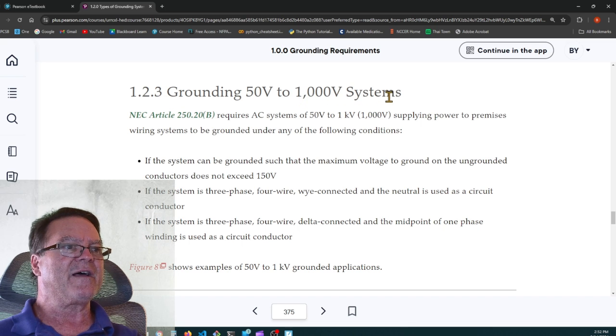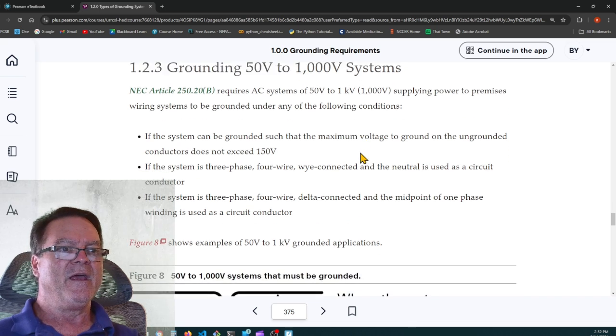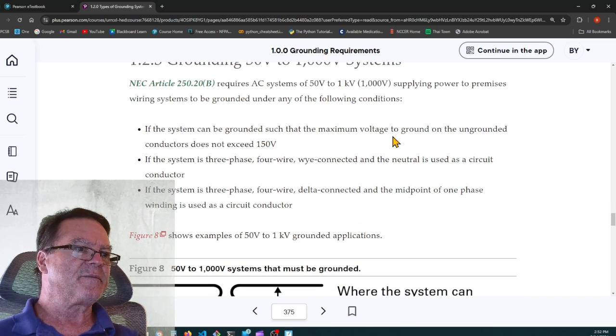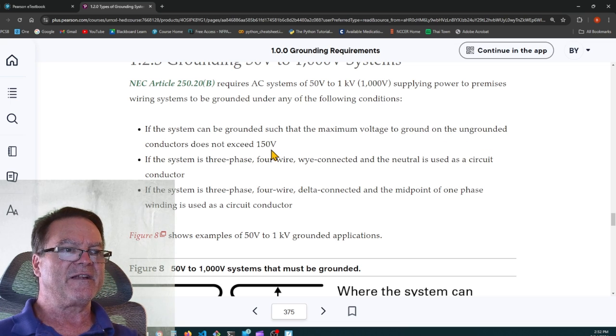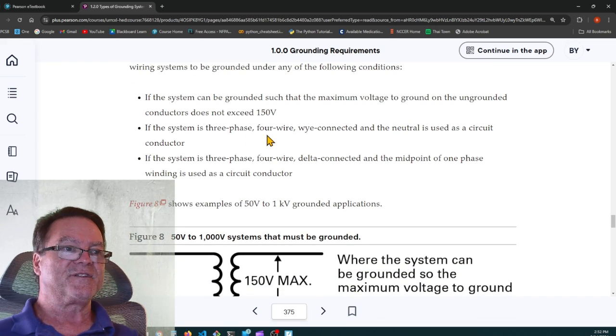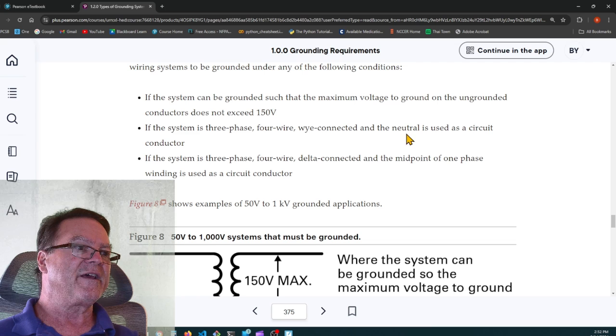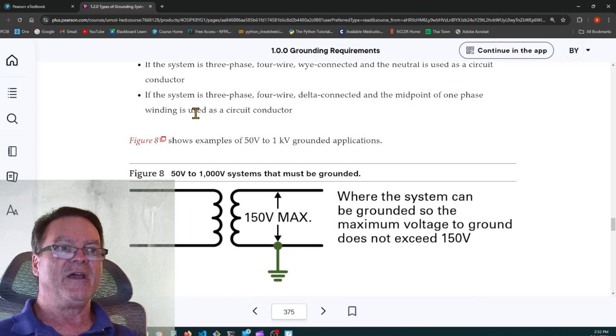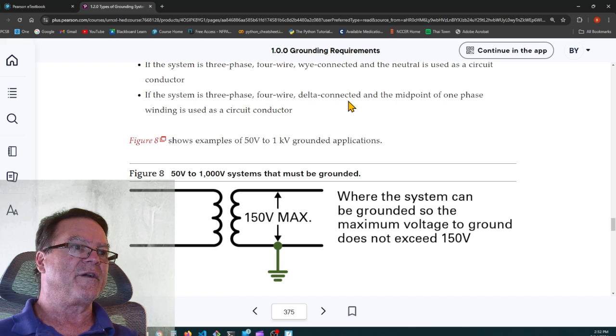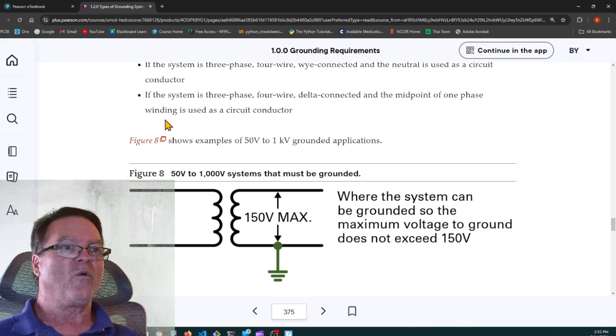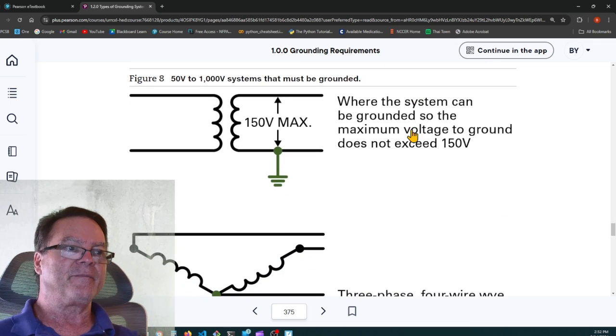Grounding of 50 volts to 1,000 volt systems. If the system can be grounded such that the maximum voltage to ground on the ungrounded conductor does not exceed 150 volts, like 120/240, it has to be grounded. If the system is three-phase, four-wire Y connected and the neutral is used as a circuit conductor, it needs to be grounded. If the system is three-phase, four-wire delta connected and the midpoint of one phase winding is used as a circuit conductor, it needs to be grounded.